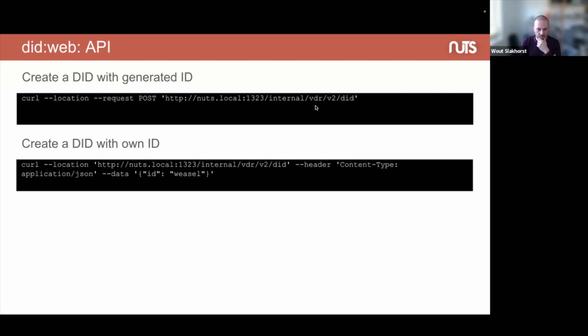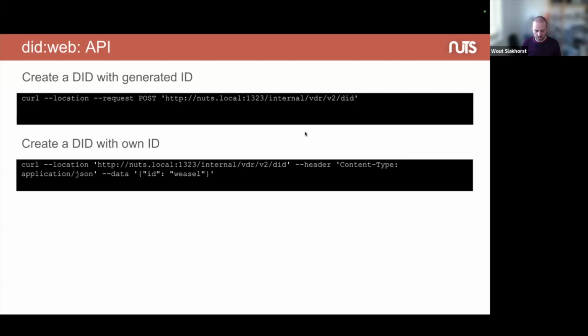When creating a new DID, previously you could only say, okay, create this DID for me, and then you would get the identifier back. With DID Web, it's now possible to set your own identifier, which means that you can use a logical identifier or UID from your own system as the ID part for the DID Web.